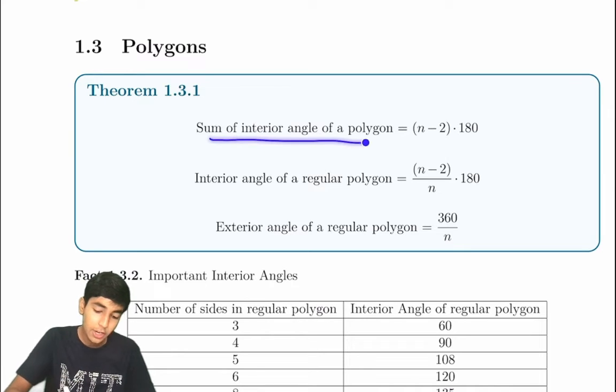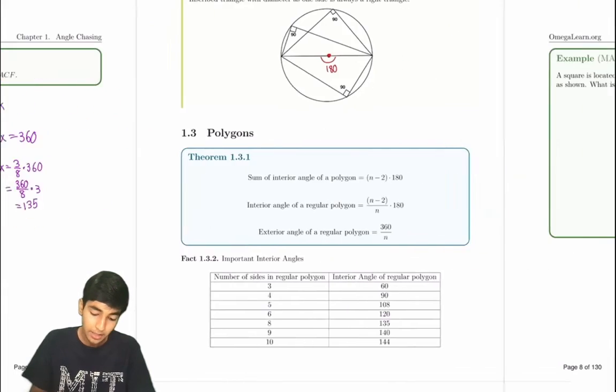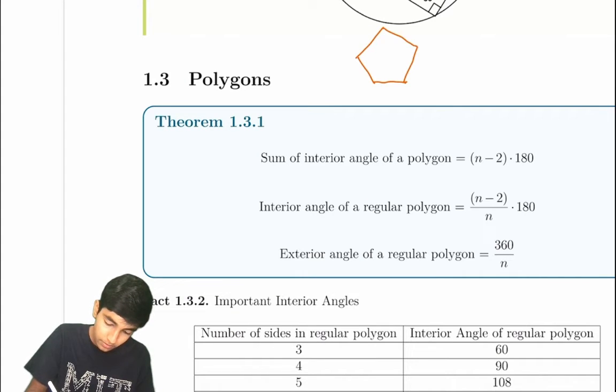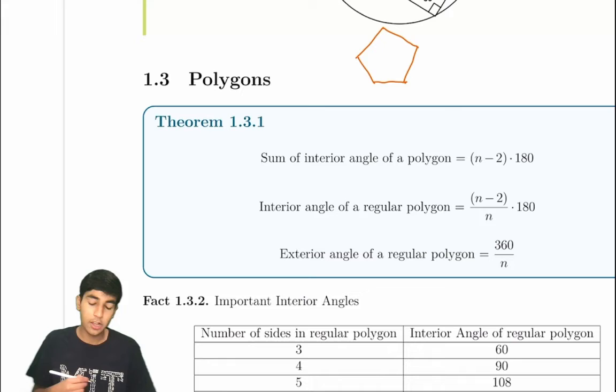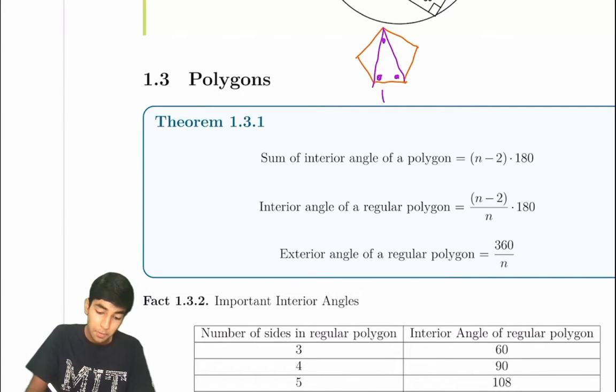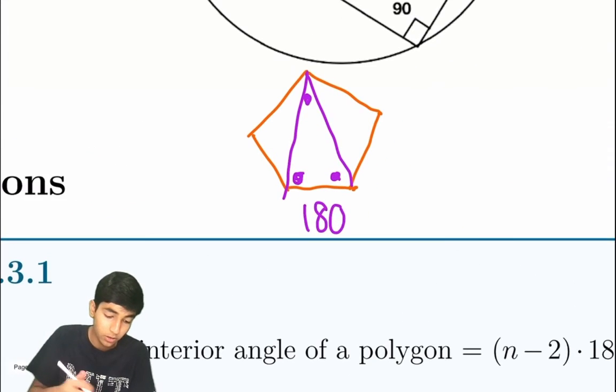The sum of the interior angles in a polygon is n minus 2 times 180. And I'll show you a quick example of the pentagon about why this is actually true. Okay, so imagine over here, we can divide this into 3 triangles. Each of these purple parts sum to 180, as you can see there, because of triangle angle sum.